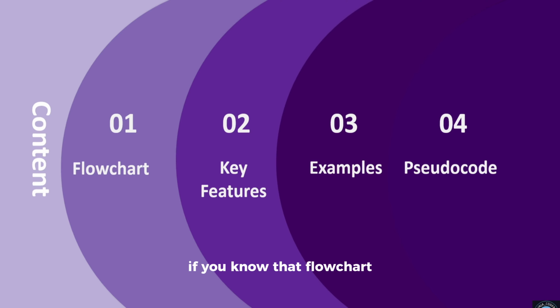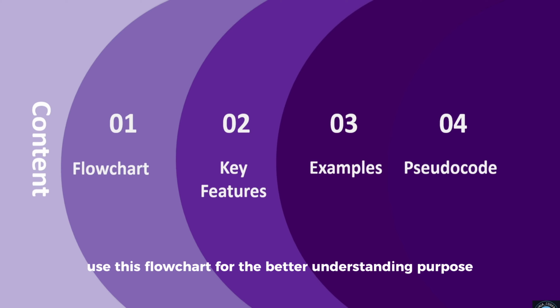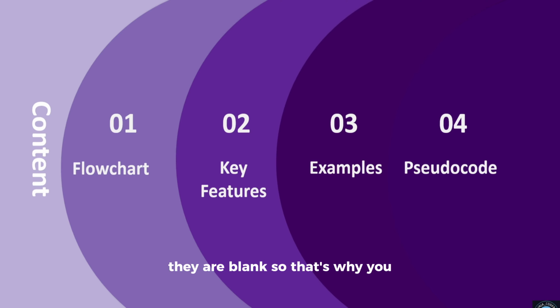If you have heard about the flowchart and know what it is, okay. But sometimes we use a flowchart for better understanding. Those who do not know programming, if you directly show them the code, they are not coders, so they think, what is this, and they go blank.